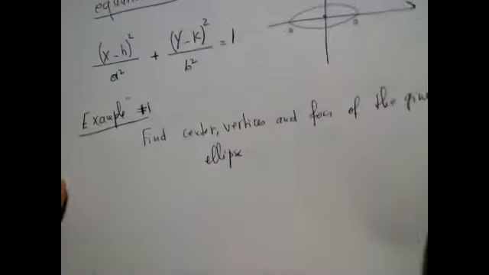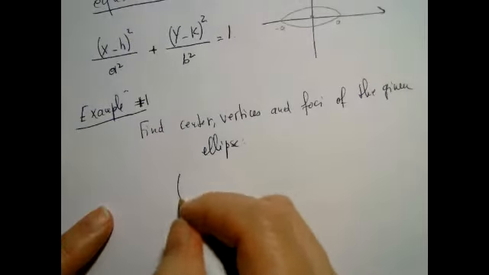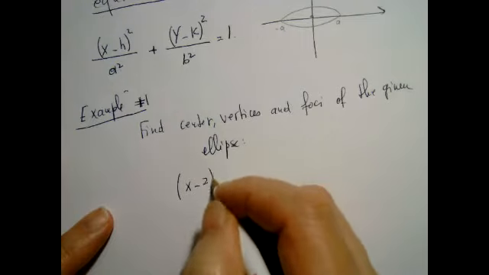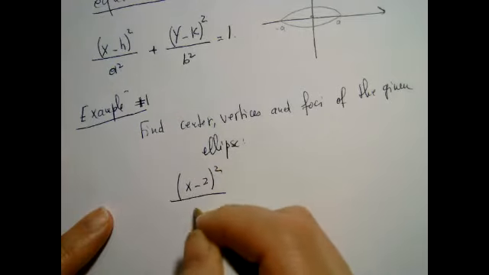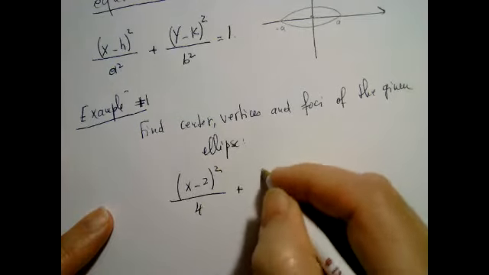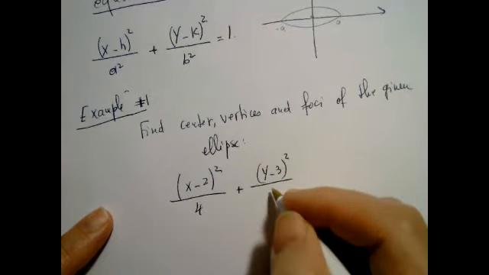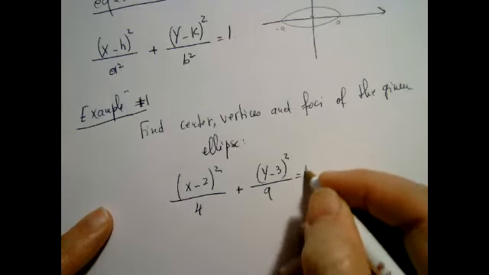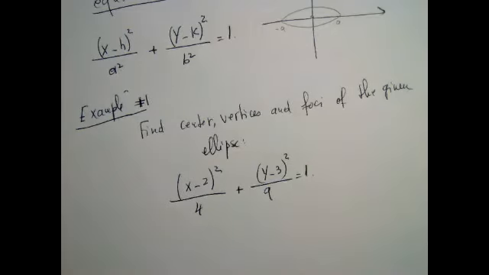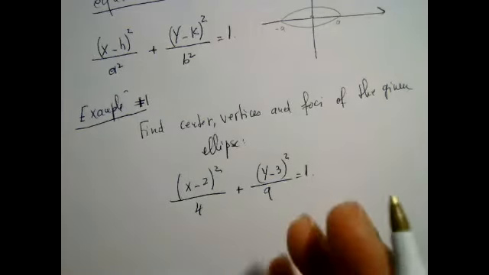Okay, so I'm going to give you an ellipse. You have to find everything. So (x minus 2) squared over 4 plus (y minus 3) squared over 9 equal to 1. So this is basically the ellipse.